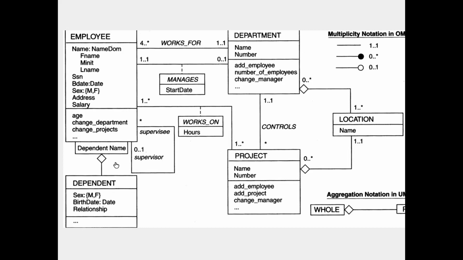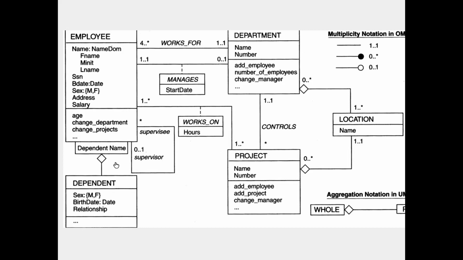Now, when you compare this with the ER diagram earlier, you see a couple of things. Because this is a class diagram, classes consist of three parts. Employee, in this particular case, is the name of the entity, in this case, class.